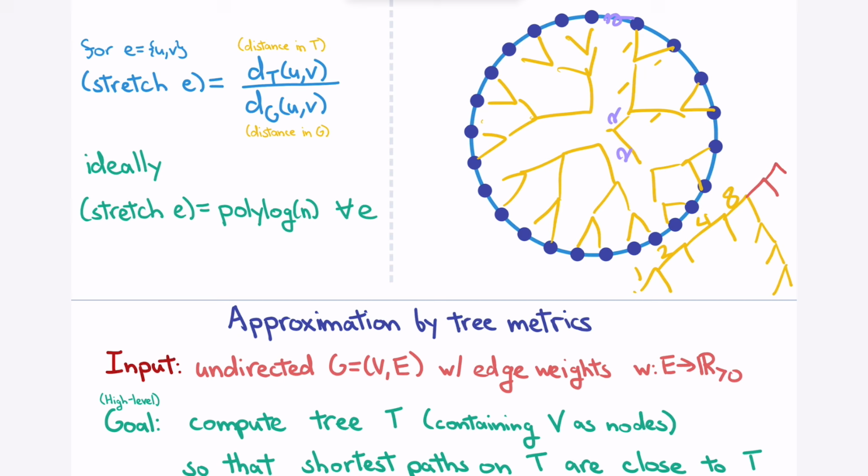But the opposite ends of your tree, because it used to be a cycle, from this extreme end to the other, will be paying distance n, where it still used to be distance 1. So at least that design of building just a tree on top with increasing edge weights won't work.